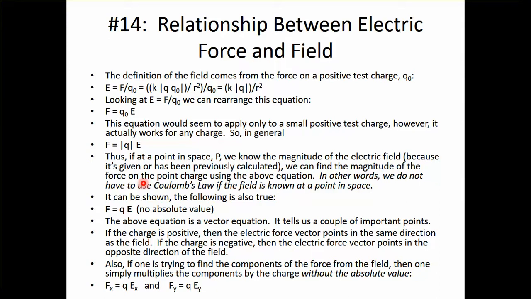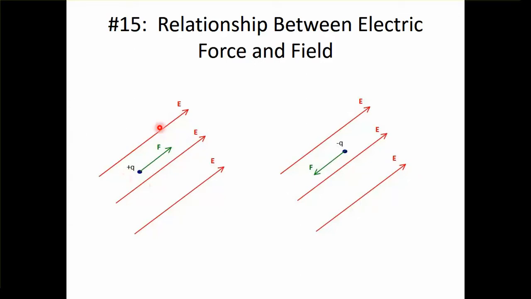And then the direction is, if it's a positive charge, the force and the field are always in the same direction. For negative charges, they're always in opposite directions, right? So the point is, you can either be given an electric field as part of the given information and asked to find the force on a charge in that field, or you can calculate it.